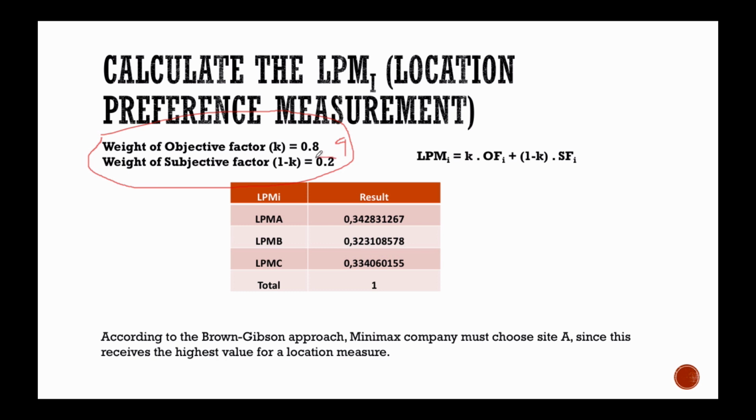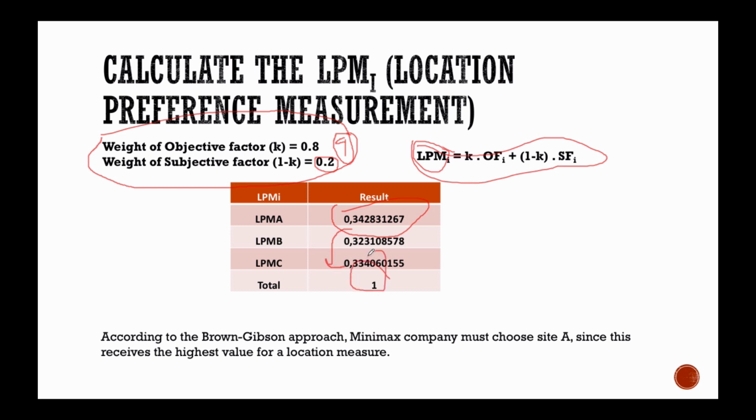So it means 0.2 times 4 is 0.8. So the equation here, the outcome will be equal to K times objective factor of E plus 1 minus K times subjective factor of E. By using this equation, you will get this number. You get this number also, and the total will be 1.